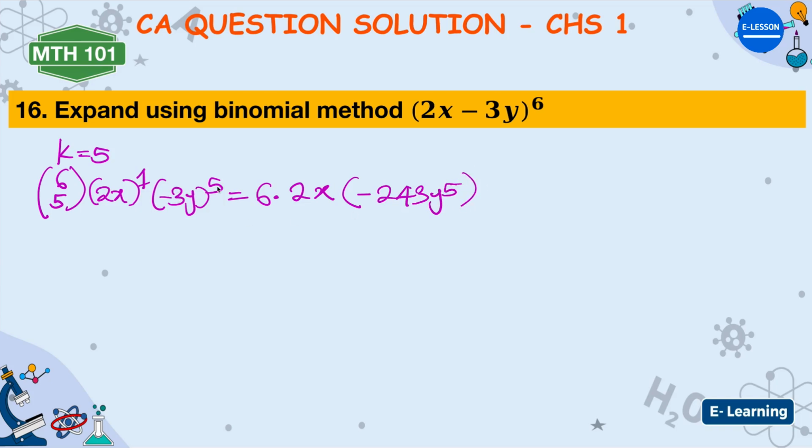Because this minus 3y to the power of 5 will give us this. If we multiply everything here, that will give us minus 2916 xy to the power of 5. 6 times 2 times 243.